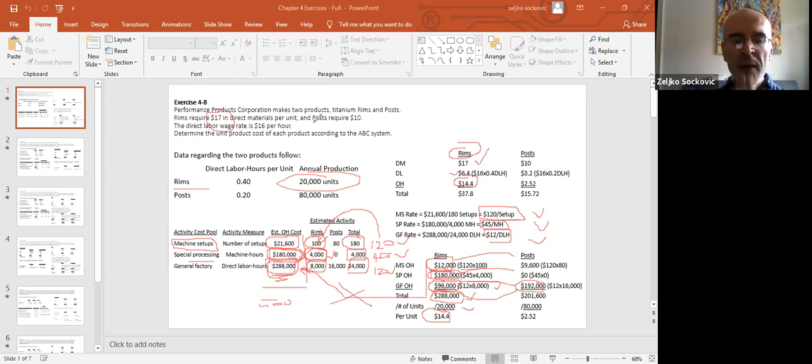You're not told specifically, but you're told it's using 0.4 hours, and the labor wage rate is $16. So you would just multiply 16 by 0.4, that would give you $6.4 per unit in direct labor. And then you add them up all together, and this is your total cost per unit, product cost. If the question is what's your overhead per unit, then you have finished here with 14.4, right?